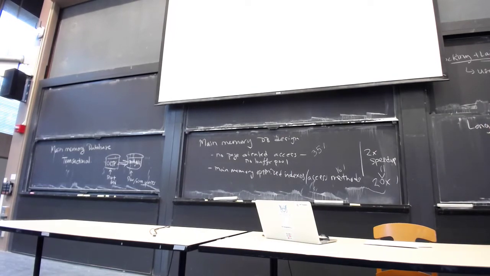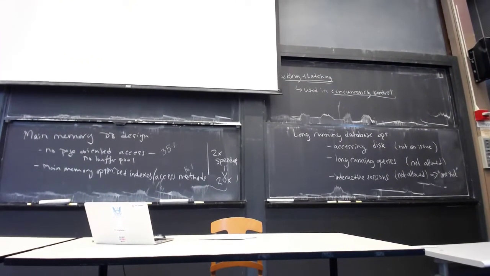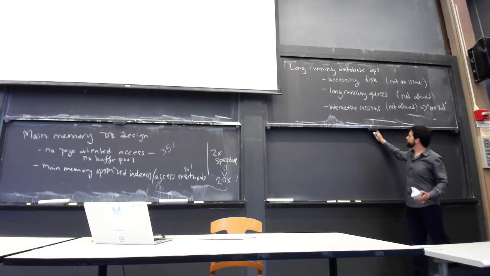All right, so if we were to get rid of all these long-running operations, then it's kind of interesting, because we could say, maybe we just don't need this concurrency control stuff at all. What if we just built a system where a query comes in, and it knows that it's the only query running in the whole system? We only run one query at a time.